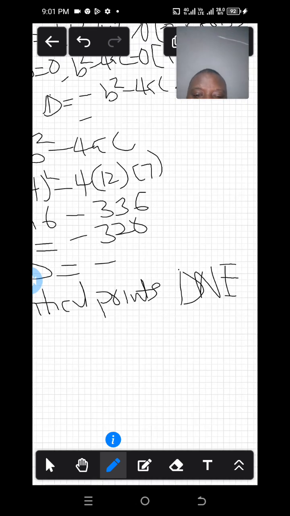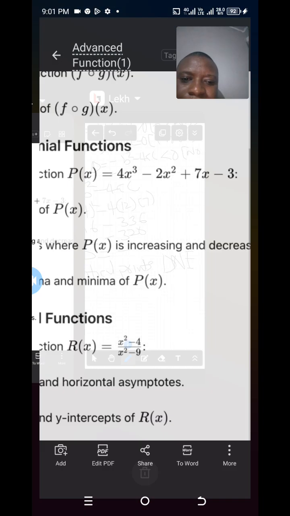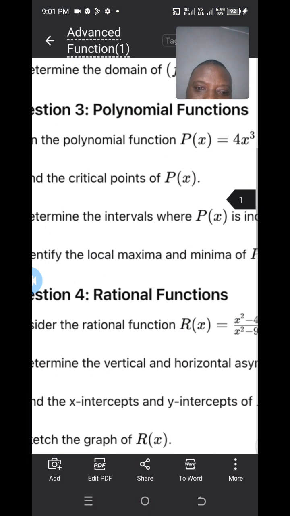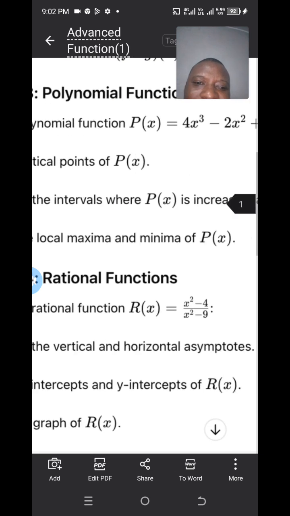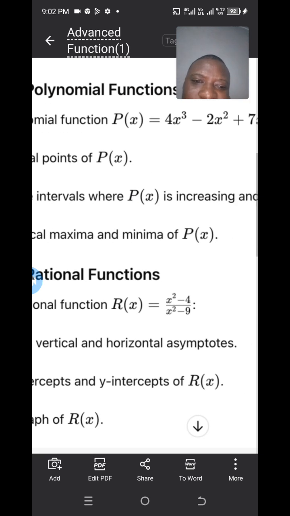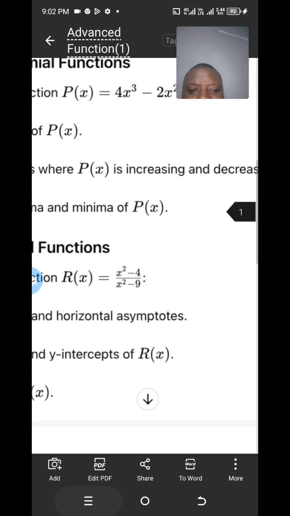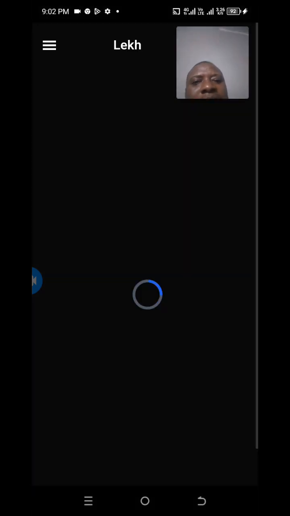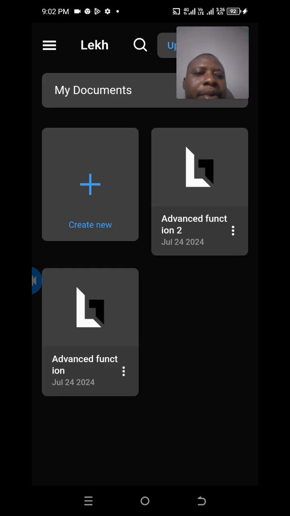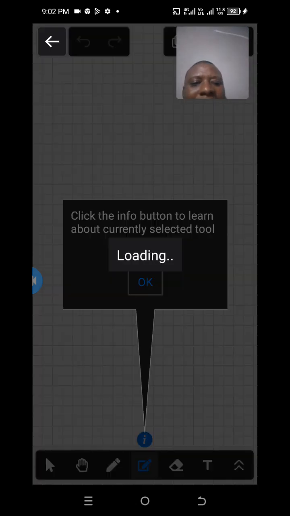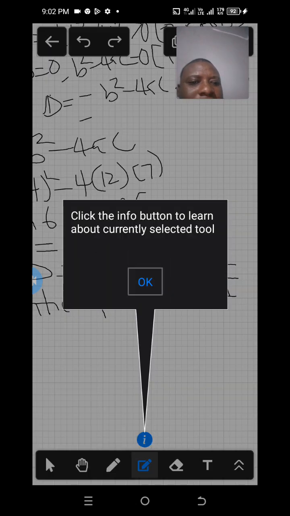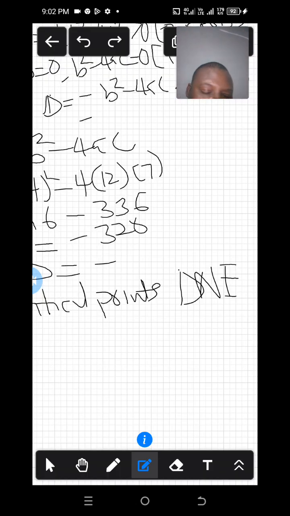The second question says: determine the intervals where P is increasing and decreasing. Again, when we want to know if the polynomial is increasing or decreasing, we still need to use the concept of critical points.